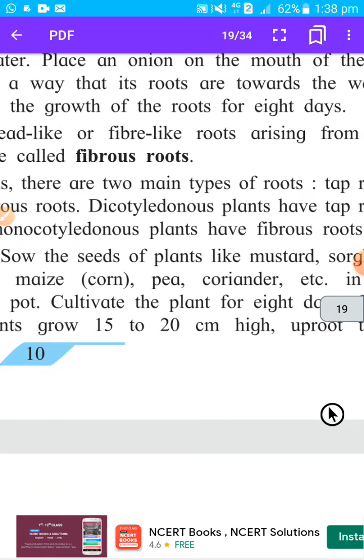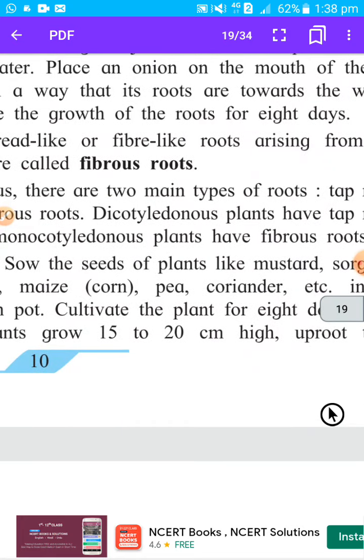Dicotyledonous or dicot plants have a taproot. Dicots means having two cotyledons, for example groundnut. We can separate this seed into two parts, or gram, harbara. After soaking you can see that it can be divided into two halves.